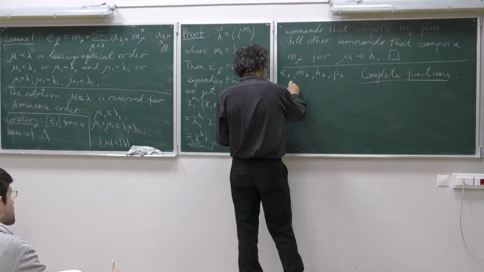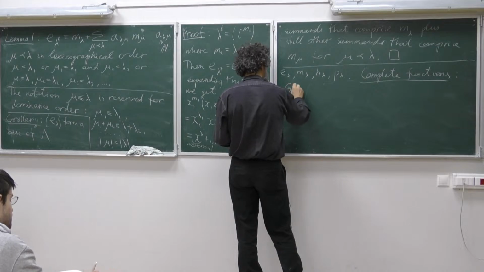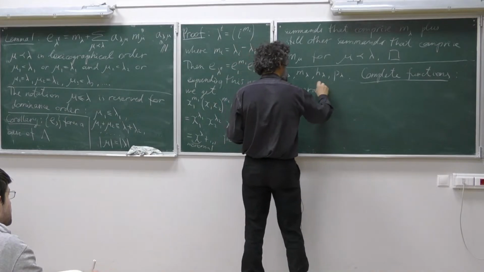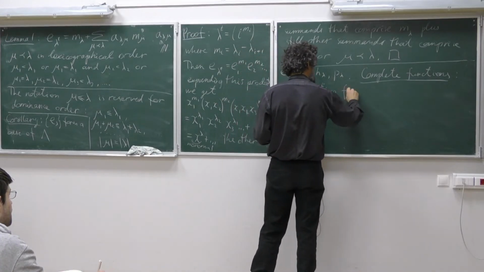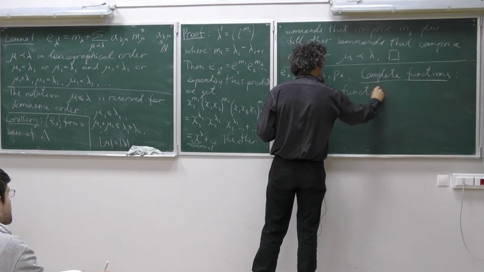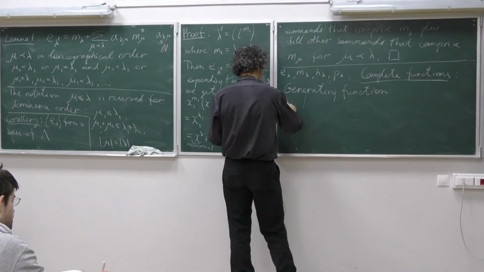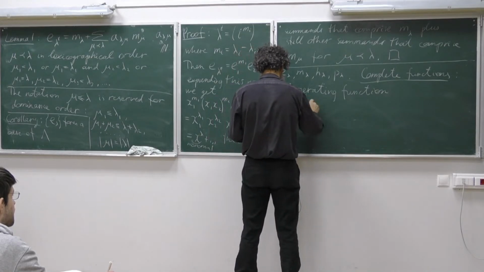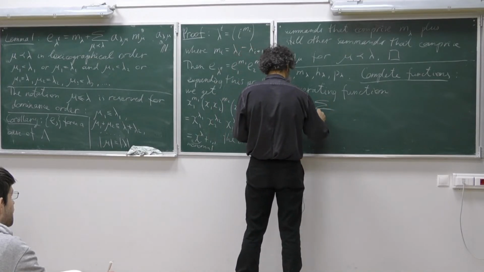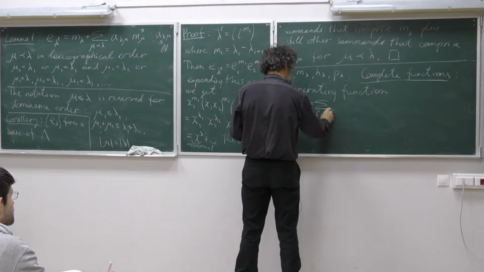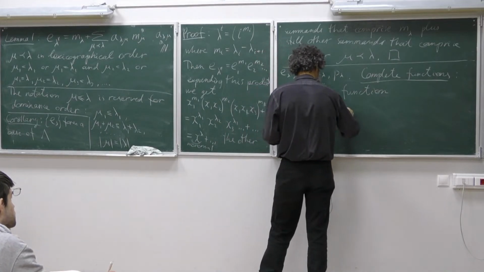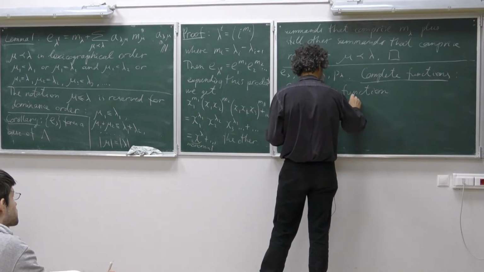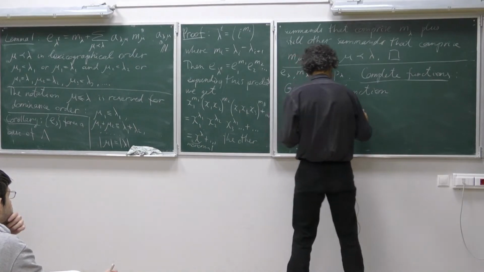Well, we introduced the generating function. H of t, where t is some extra variable, is the sum over all positive integers r of the complete function h_r times t to the power r.